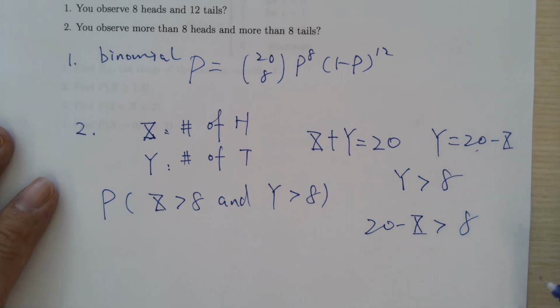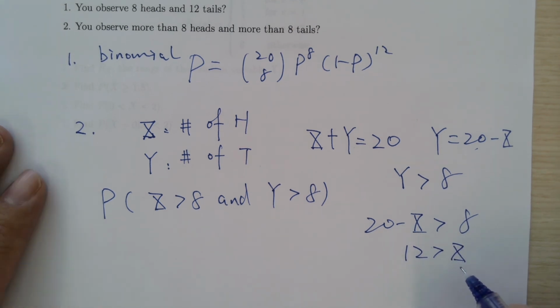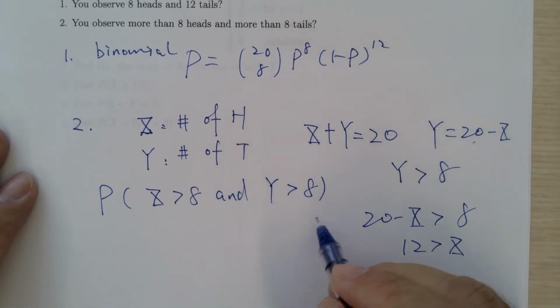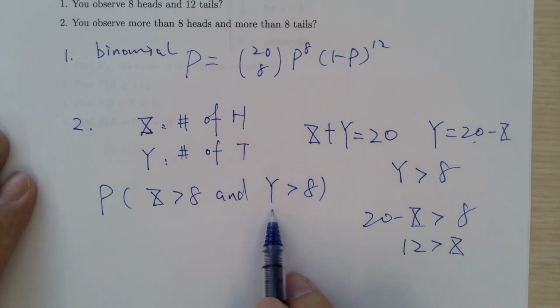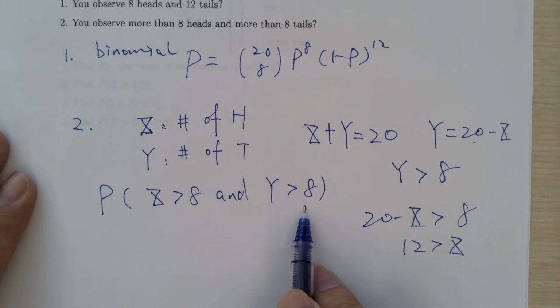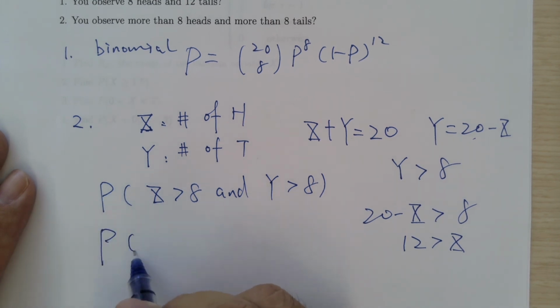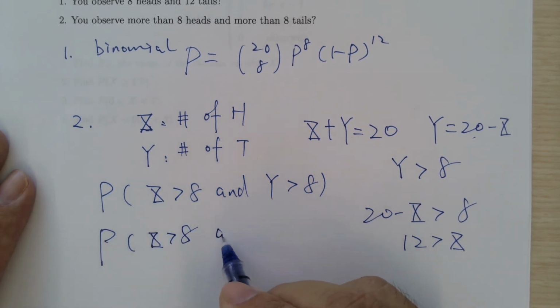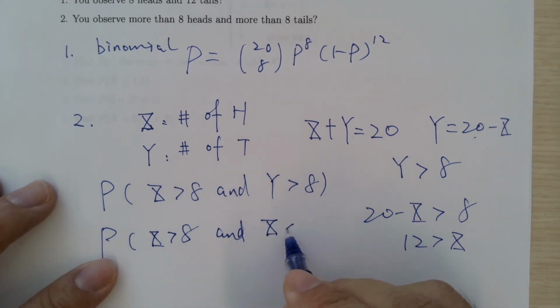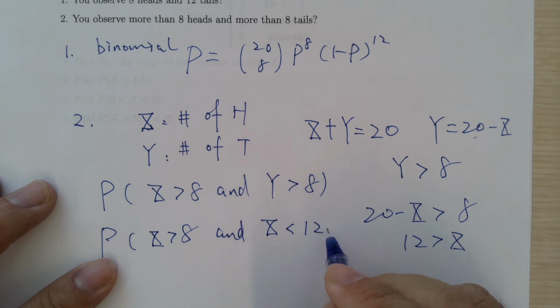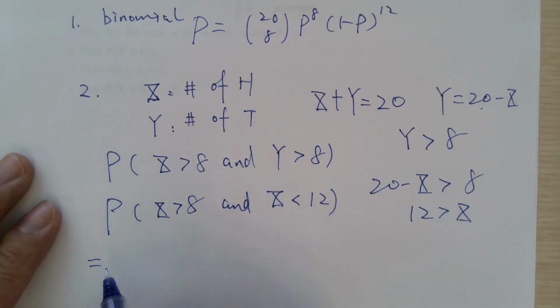If you solve this inequality, that means X is less than 12. So in other words, the equivalent representation for Y greater than 8 is X less than 12. So you're looking for the probability that X is greater than 8 and, meanwhile, X is less than 12.